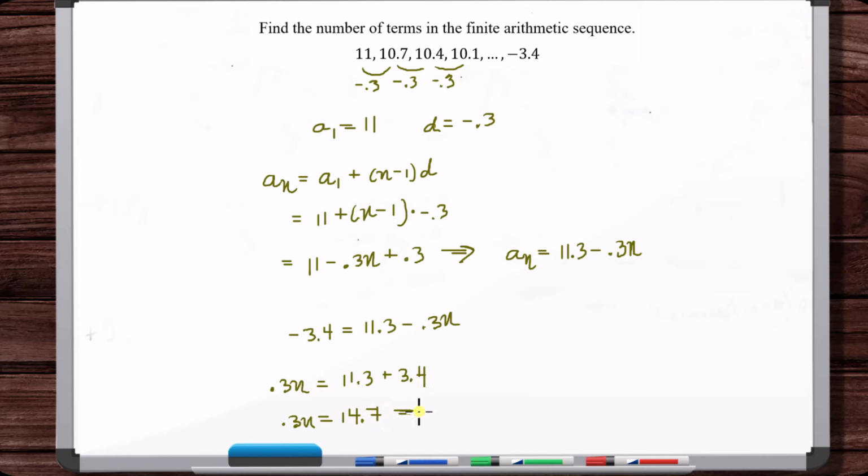Okay, so n is, and we can just do this, it would be the same thing if we just said 147 divided by 3. So $49 terms.